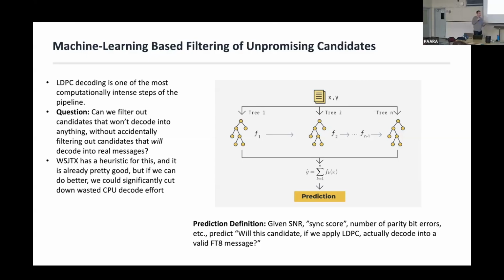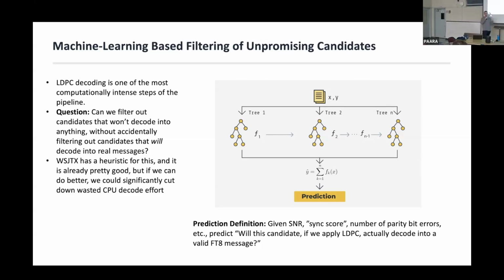We don't have to go into the details of the machine learning algorithm I chose. I'm happy to answer questions about it for people who are interested, but the package is called XGBoost. It uses boosted decision trees. You can think of those little rules, that heuristic, like if the signal to noise is above this, and if the number of sync symbols disagreeing is below this, those are decisions, and that is a tree. In boosted decision tree algorithms, you have a machine construct trees of decisions that split things out.